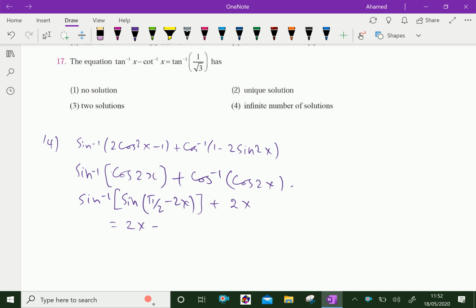Here we can write this as cos inverse of cos 2x. Since we need it in terms of cos, we can write this as cos inverse of cos 2x.